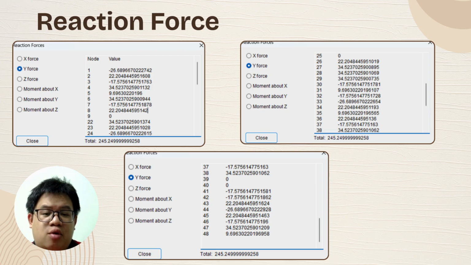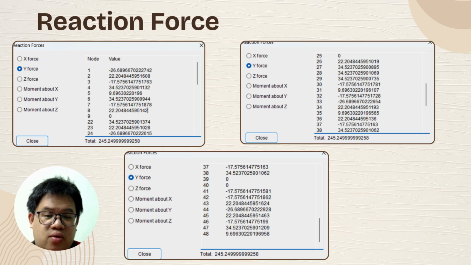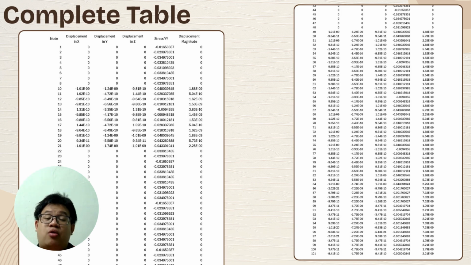The center point doesn't receive any reaction force because all the force is spread into the surrounding points. So there are some zeros in the center, and after I calculate, every leg has a total reaction force of 61.3125 Newton, the same value for all four legs. So just now was about our reaction force.